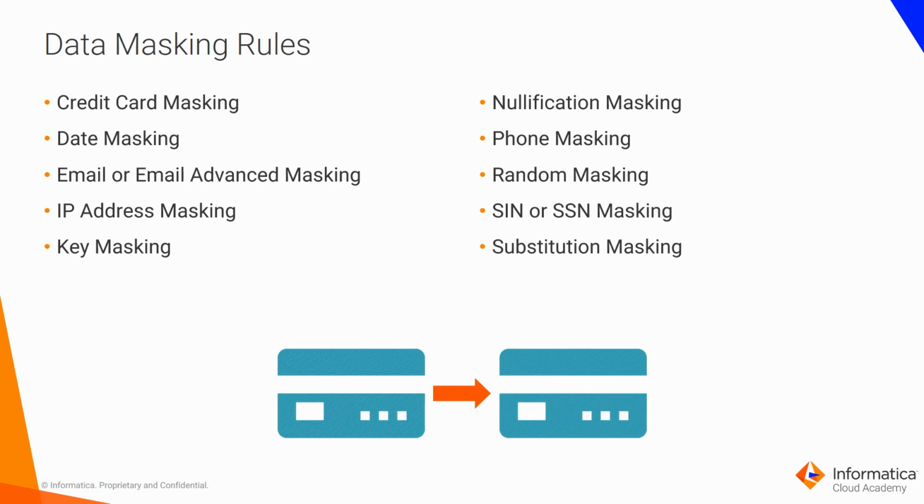This includes a number of different substitution fields that you can use to mask data with realistic-looking test data. Some of the substitution fields would be name, which can be used to mask company name, female or male first name, last name, position, city, state, US zip code, etc. And then finally, URL masking.